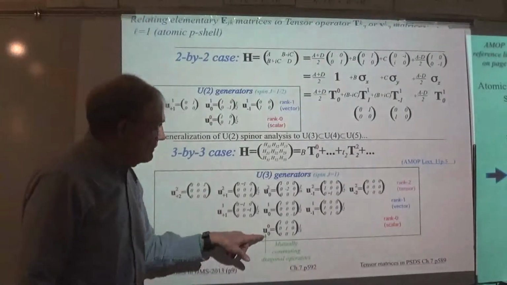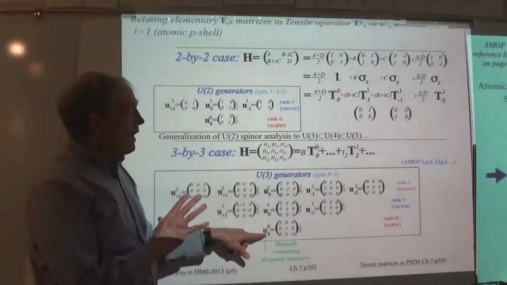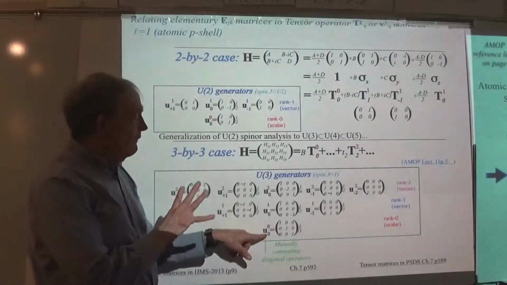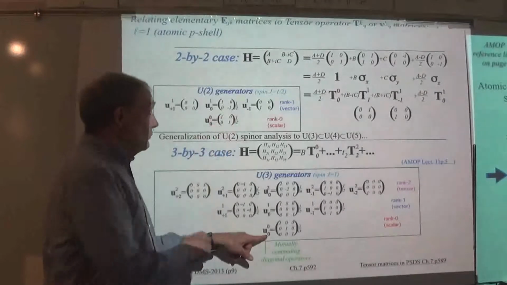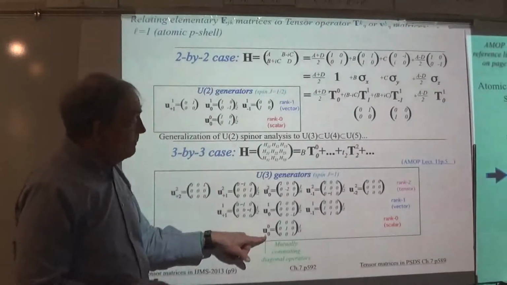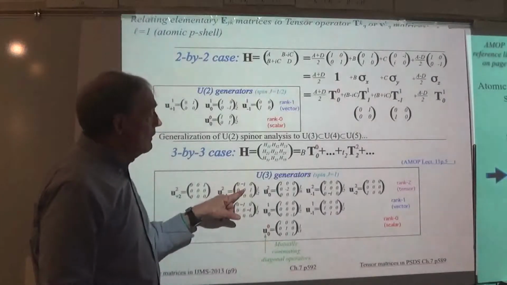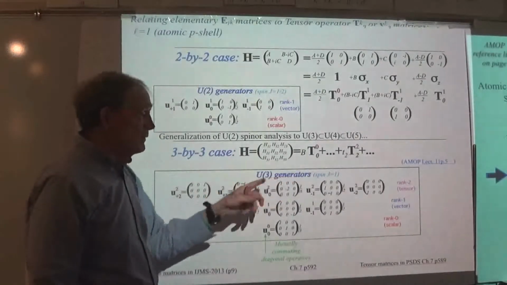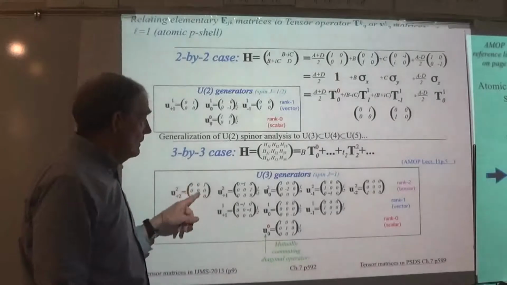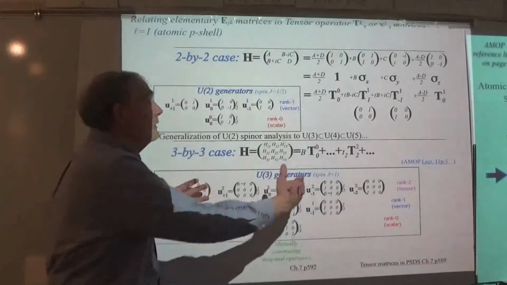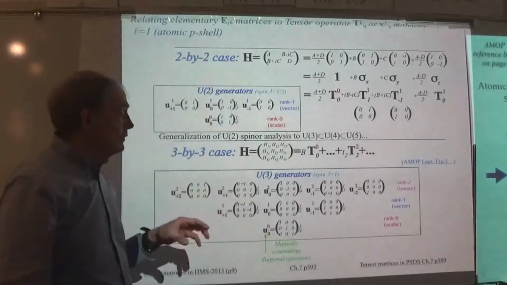But I would like you to notice that the commutativity of the U3 and U2 as well is exposed by this array. That is, matrices out here generally do not commute with anybody. This one least of all. The further you are from the center, the less you commute.